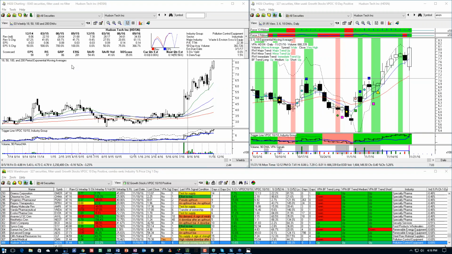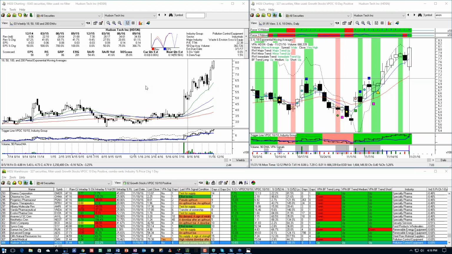I haven't forgotten about the ERG numbers. I look at those. It's not my primary prospecting method anymore. The EPS is 98, relative strength is 97. The group is 86 for an ERG of 281. Markets have changed a lot in the last 20 years.